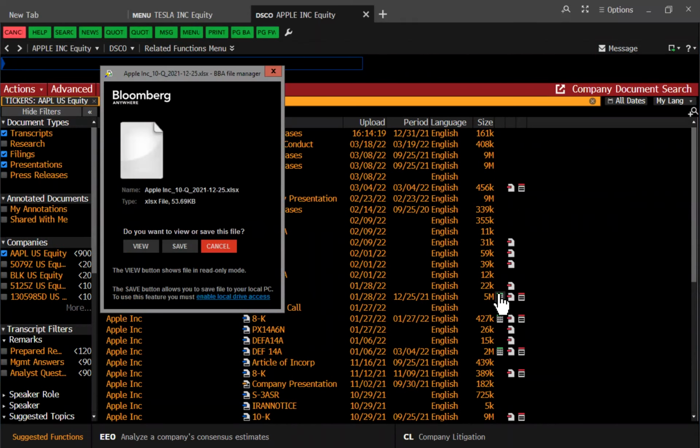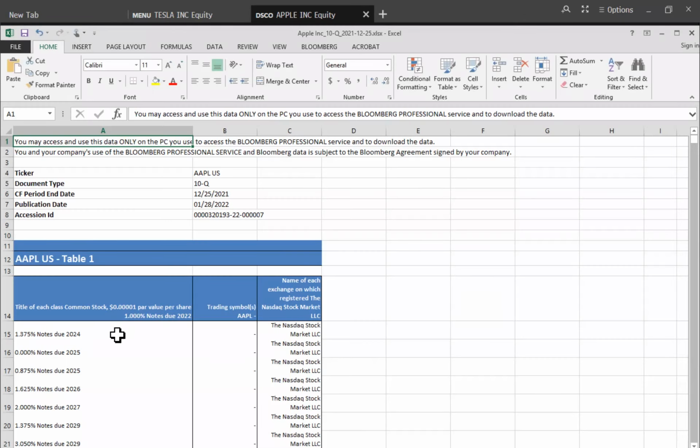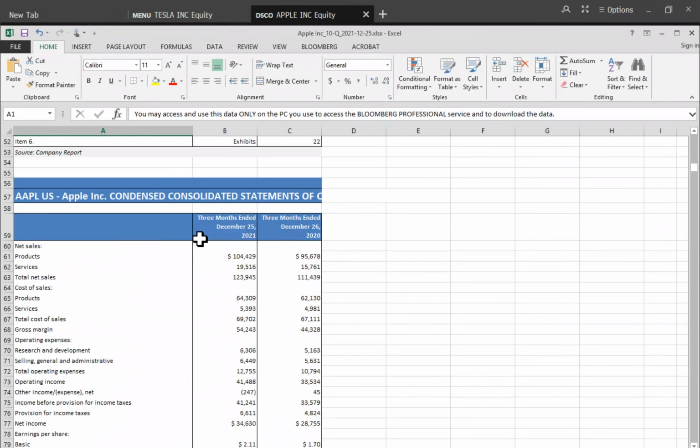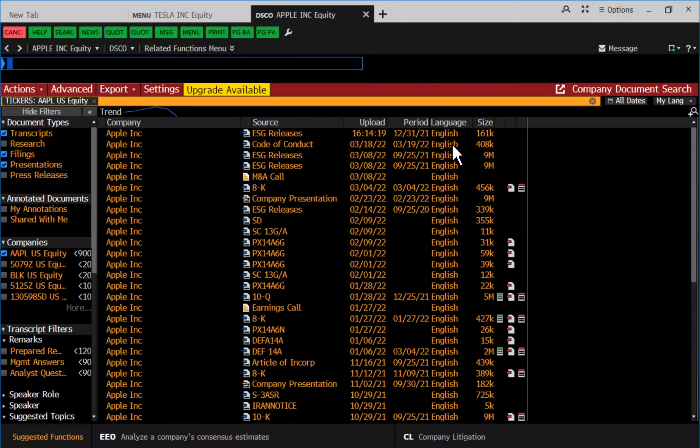I feel like this is very convenient. They will populate all those numbers in Excel directly for you. So if you want to do some calculation, you don't need to extract information from some PDF file. You can do your calculation based on the Excel file, the data that you downloaded directly from Bloomberg.